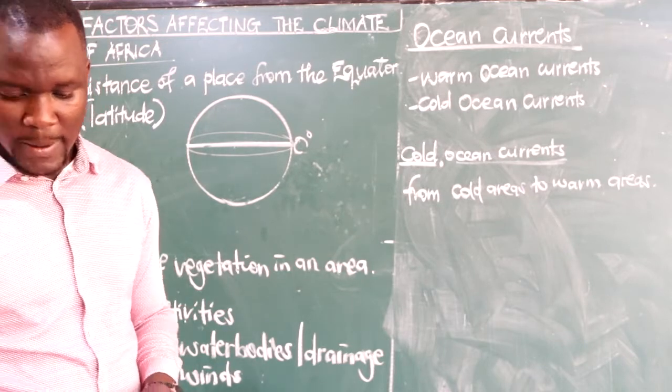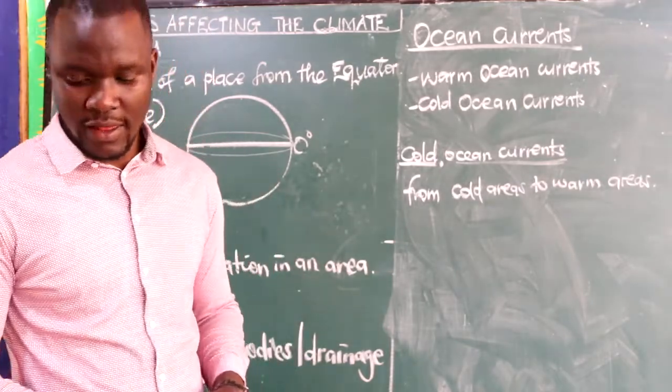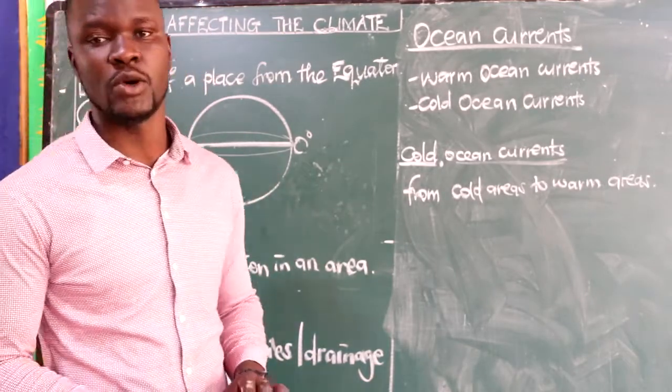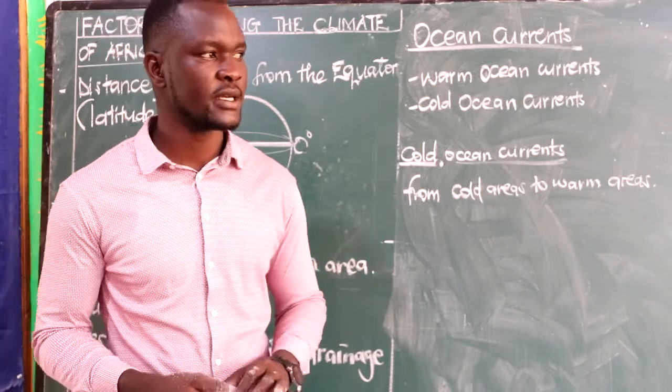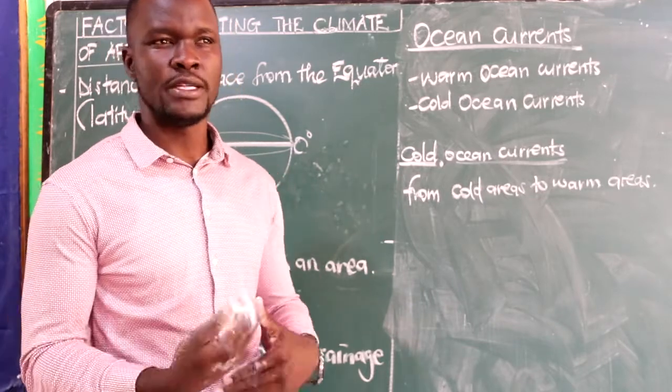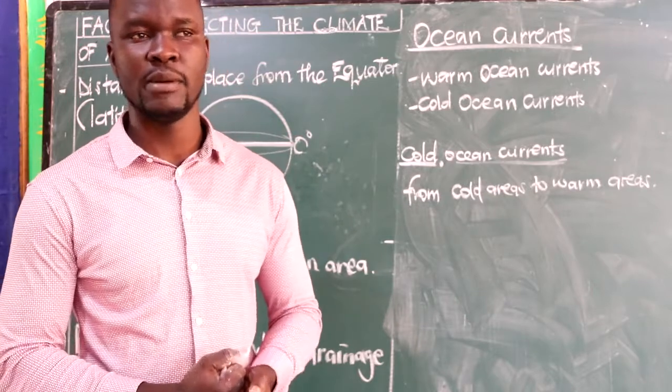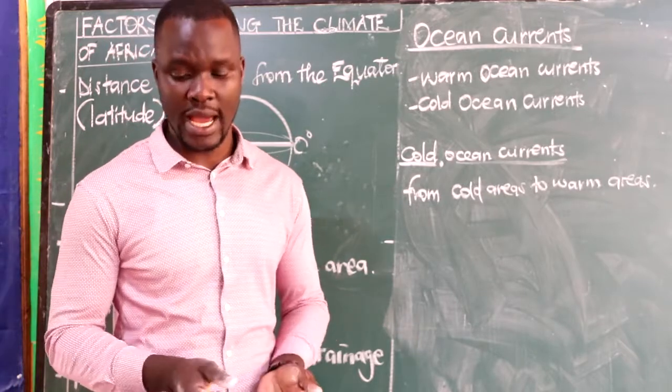Page 100 gives us the influence of climate on human activities. In other words, we are looking at how the climate influences or determines the human activities that people are going to be doing in an area.